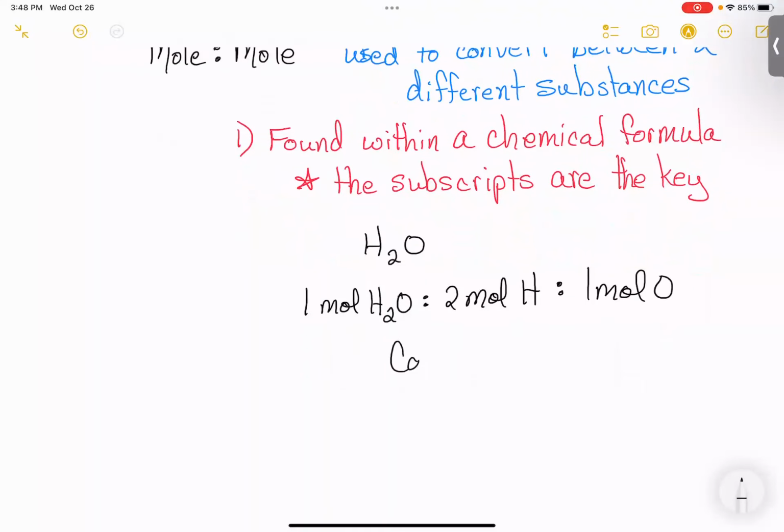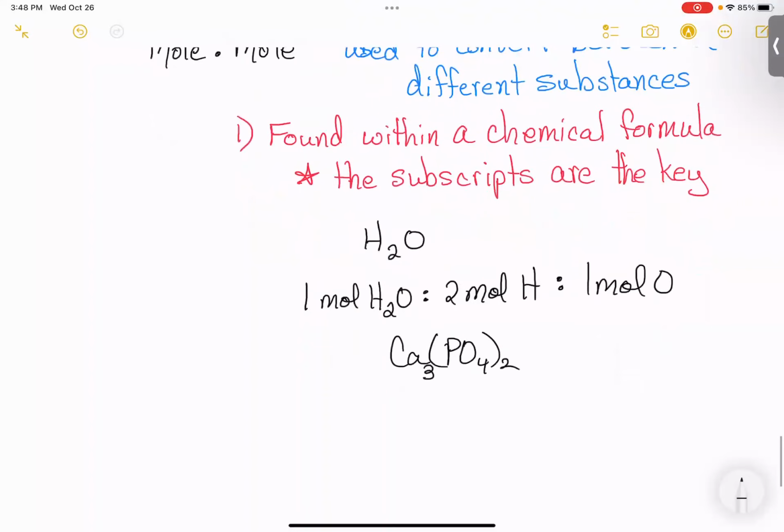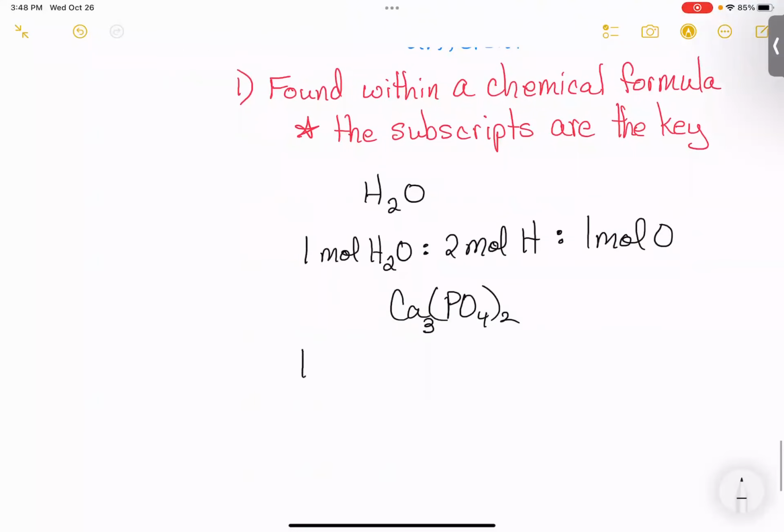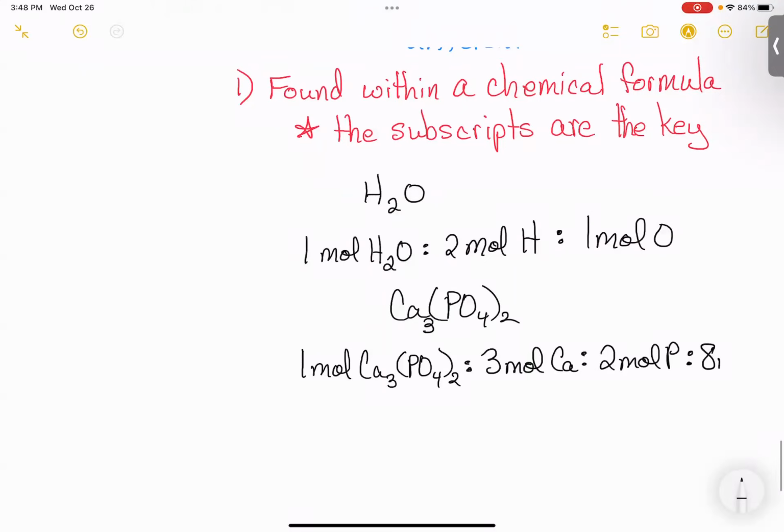Now for our calcium phosphate that we did earlier, for every 1 mole of the calcium phosphate, you had 3 moles of calcium, 2 moles of phosphorus, and 8 moles of oxygen.